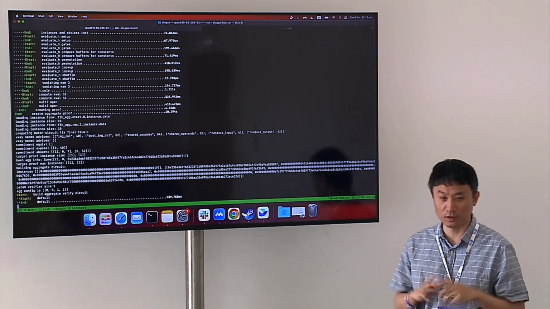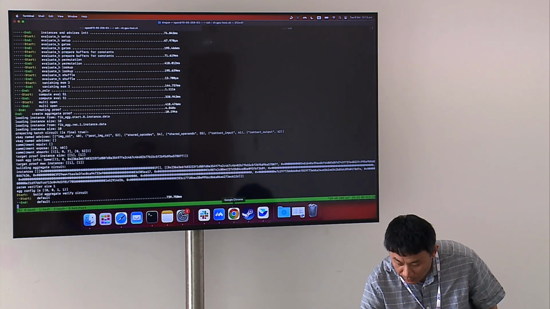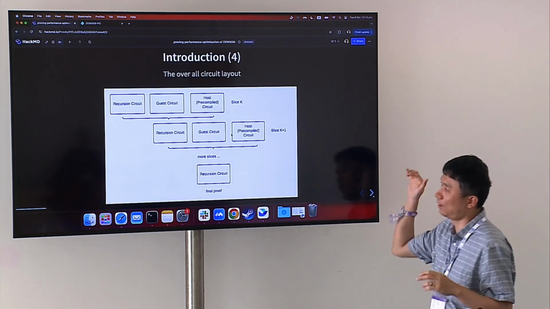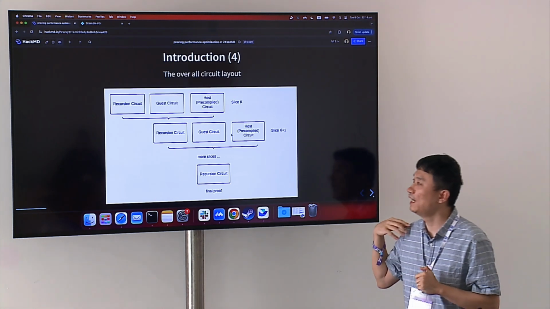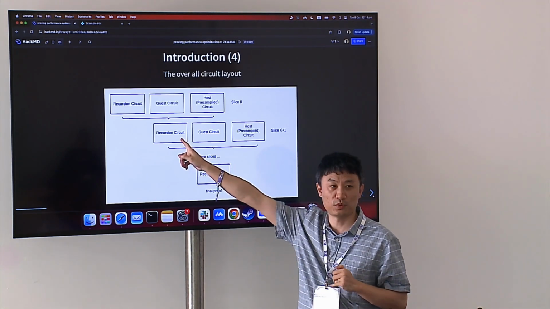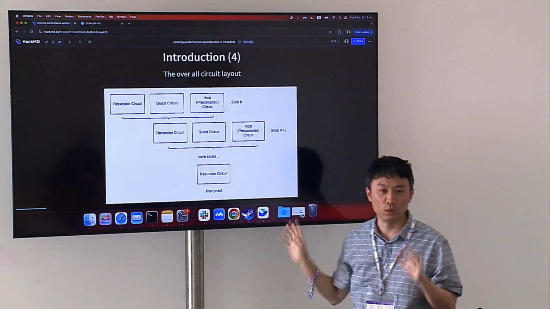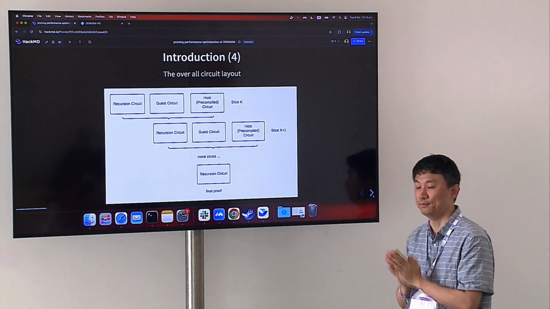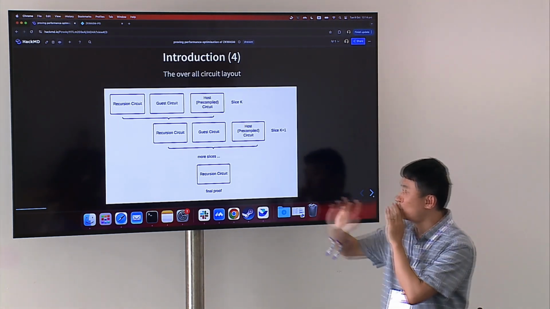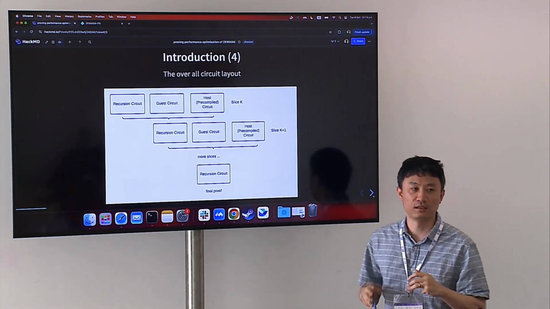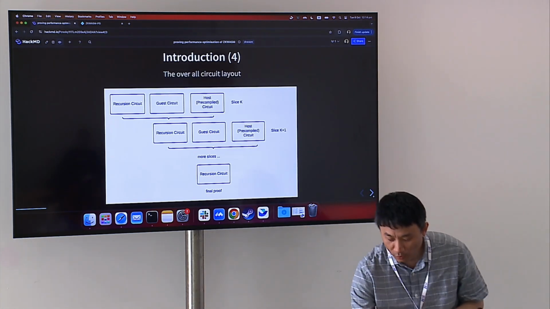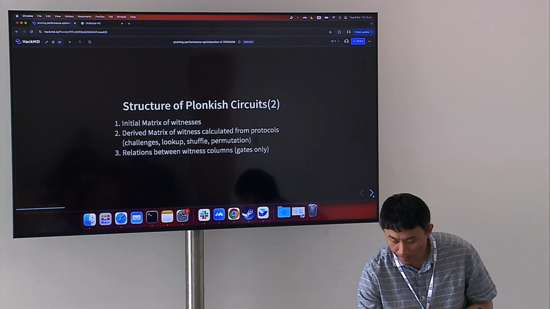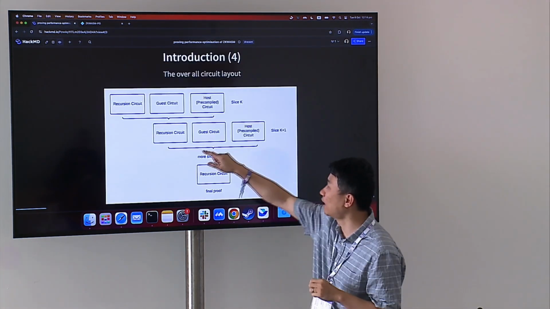And because for each round you have to add in a recursion circuit proving here, the total proving time is not only the proving time of the guest circuit. It should be a sum of the whole proving time in one GPU.